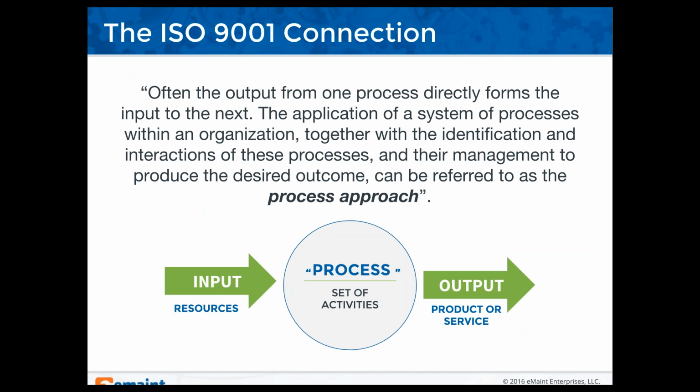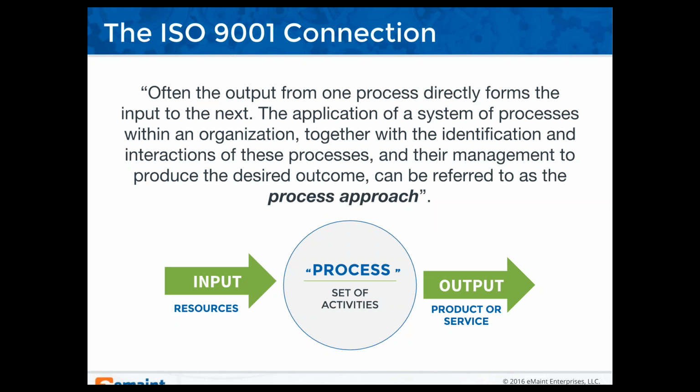So I mentioned a little bit about the ISO connection, the standards connection. ISO 9001 talks about SOPs and workflow processes in this context from a process approach. And we will see some visualizations a little bit later in the presentation. But ISO 9001 mentions that often the output from one process directly forms the input for the next.